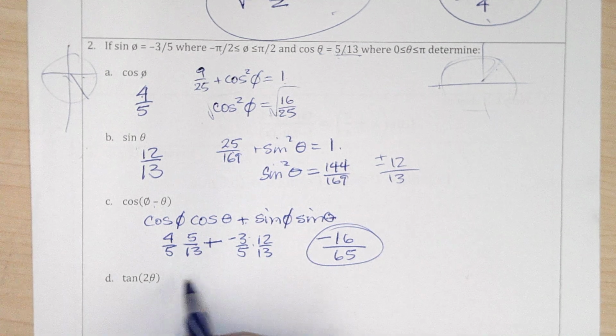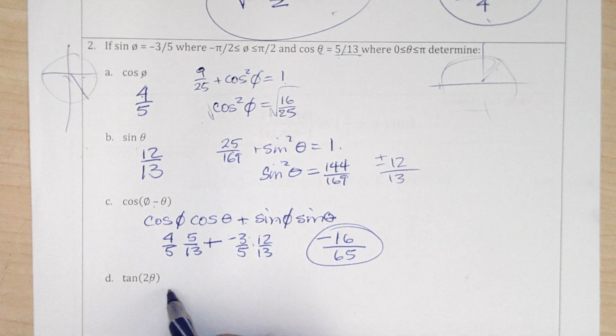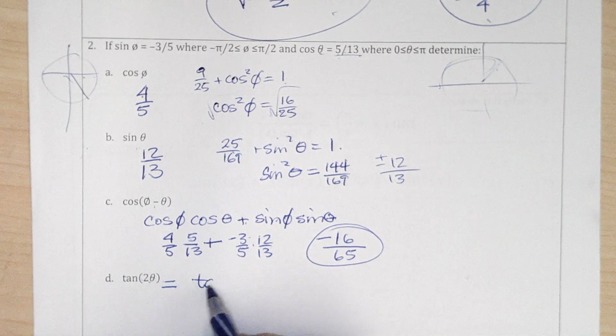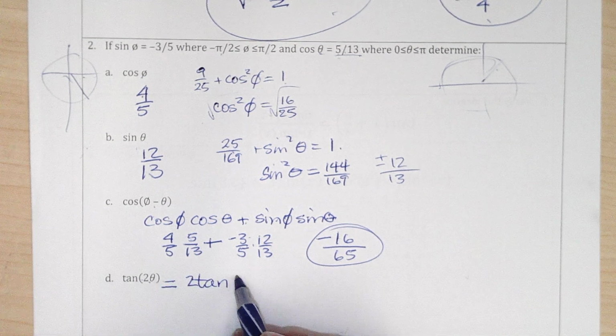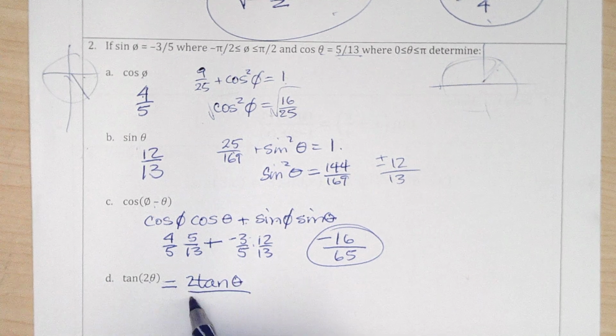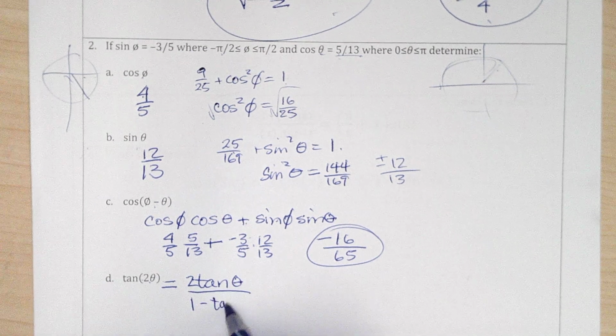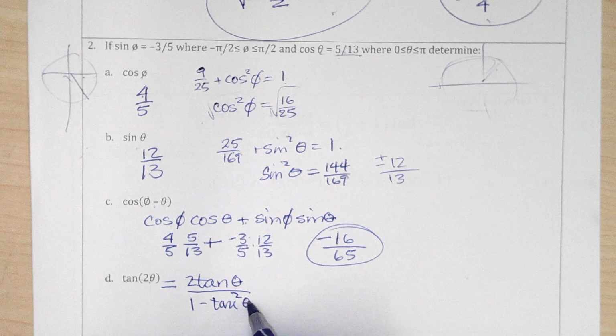Tangent of 2 theta, the double angle formula for tangent, is 2 tangent theta over 1 minus tangent squared theta.